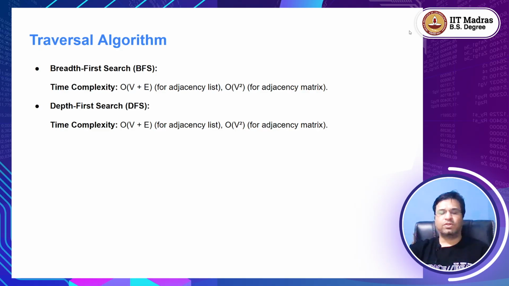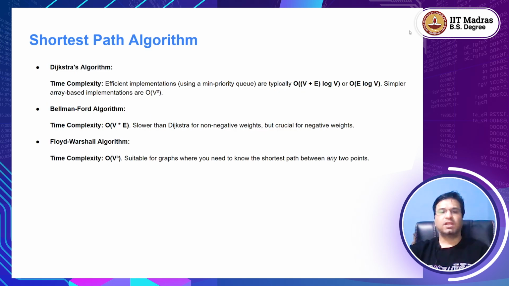The time complexity for this algorithm is Big O(V plus E) for an adjacency list and Big O(V squared) for an adjacency matrix. Another algorithm is depth first search, DFS, which explores as far as possible along each branch before backtracking. The time complexity for this is also Big O(V plus E) for an adjacency list and V squared for an adjacency matrix.